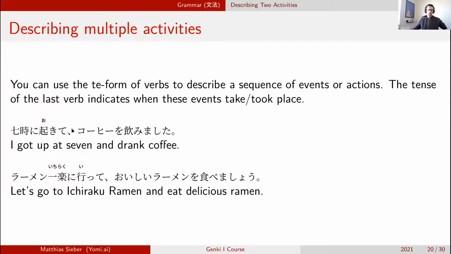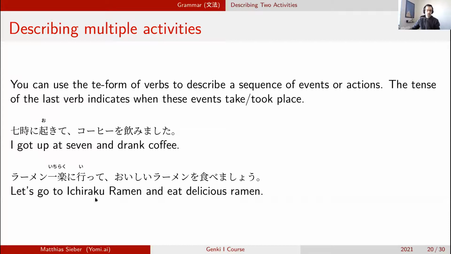So the te form really just connects different verbs. And then at the very end of the sentence, you actually know when these events took place or are going to take place, whether in the future or something you regularly do, because you can still use all of the other conjugations of verbs that we've learned in the past.